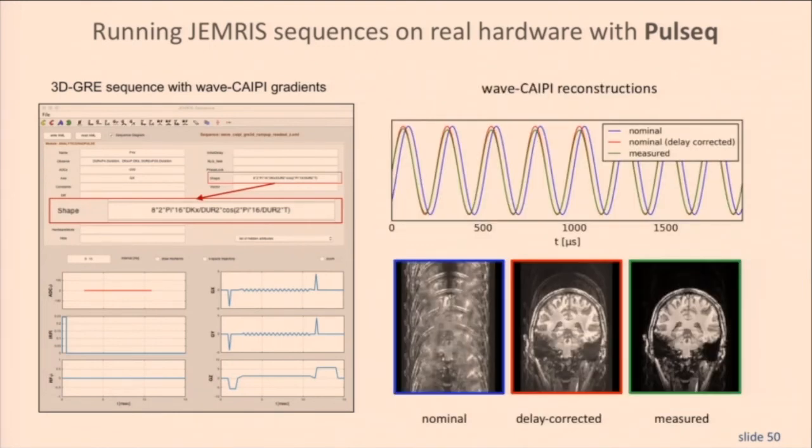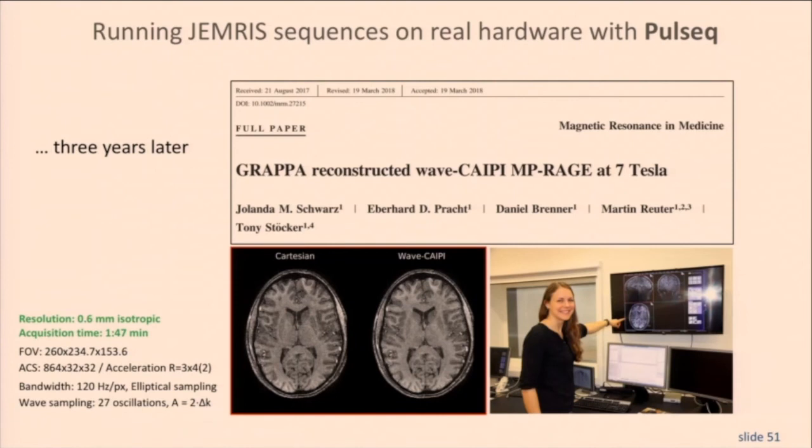These were some intermediate results showing the importance of the corrections of the trajectories. And then just 3 years later, the paper was published. That was really a single PhD project. Yolanda, the first author, had no idea and still has no idea how to program a Siemens scanner.